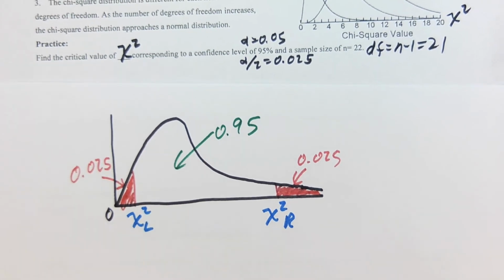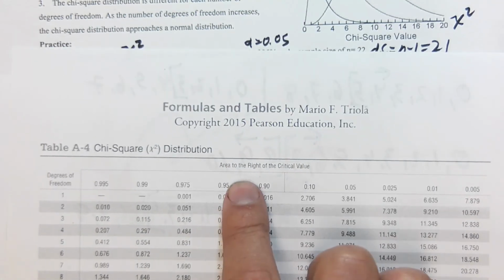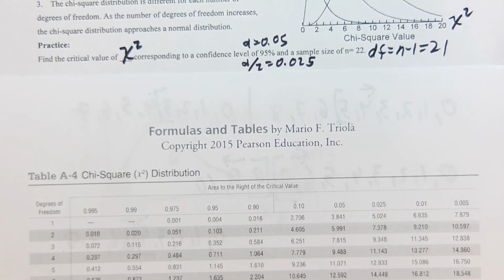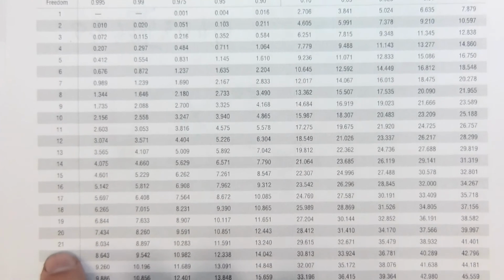Well, we are going to have to use a table for this one. And the table is based on area to the right. So here's our chi-squared distribution. You can see area to the right of the critical value. Our degrees of freedom is 21, so we are down here at 21.